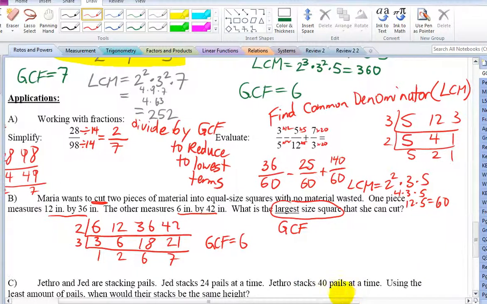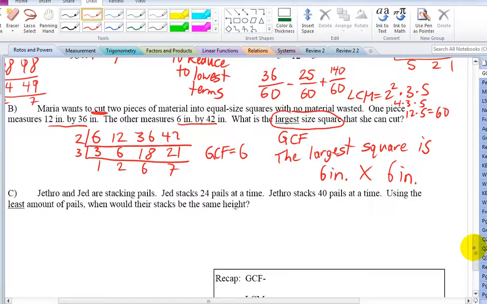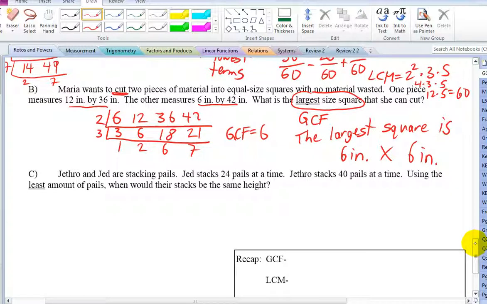So reread it, try and answer the question with this very simple sentence. So the largest square is 6 inches by 6 inches. Okay. So she has this material, cuts into squares, but she wants to do the largest square. So what's the GCF?